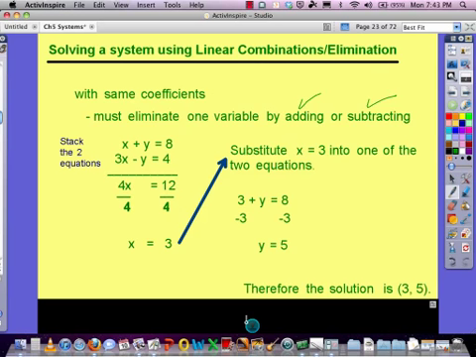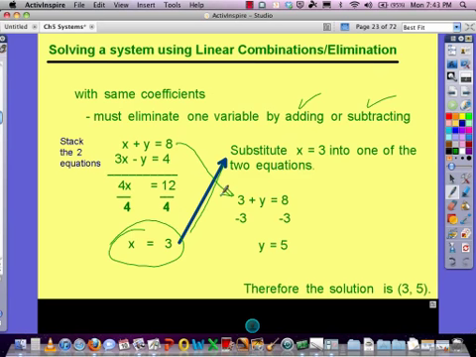Now take that x value that you just got and substitute it into one of those two original equations. I always say pick the easier one, so in this case I've chosen that top one, x plus y equals 8. If 3 goes in for x, then you can almost do that mentally. y has to be 5.